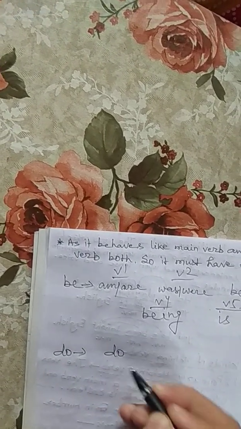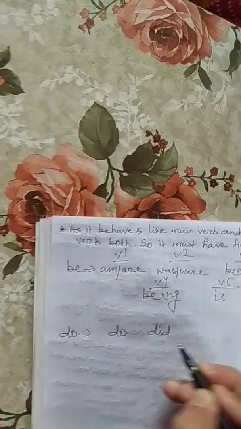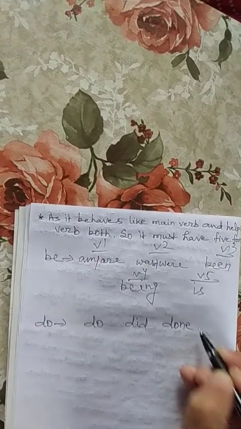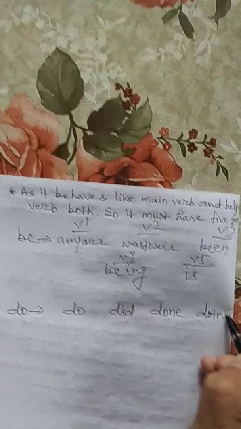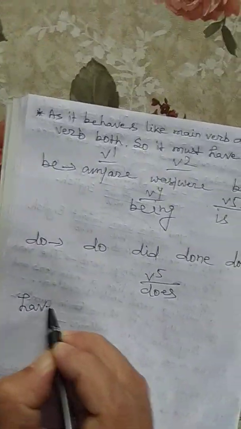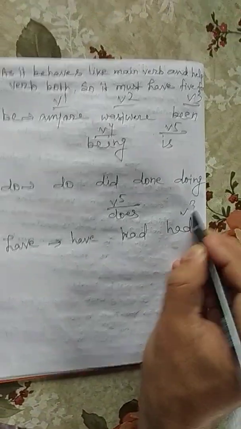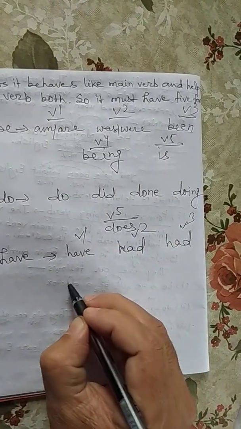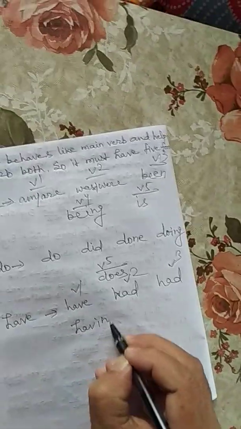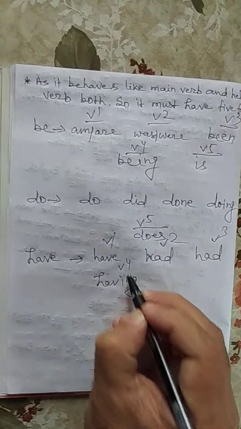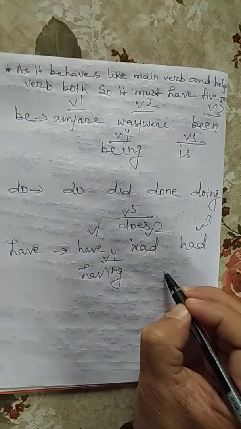V1 is do, V2 is did, V3 is done, V4 is doing and V5 is does. In the same way, we can have 5 forms of have also. Have, V1, had, V2, had, V3, and having, V4 and has, V5.